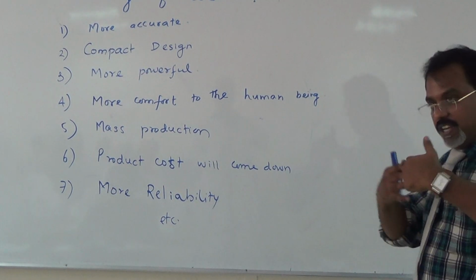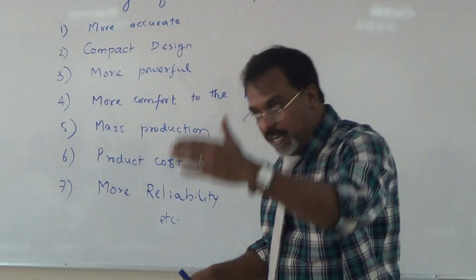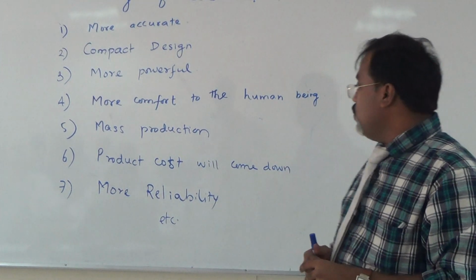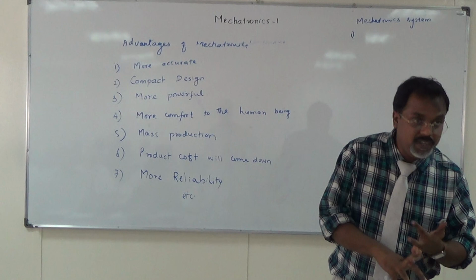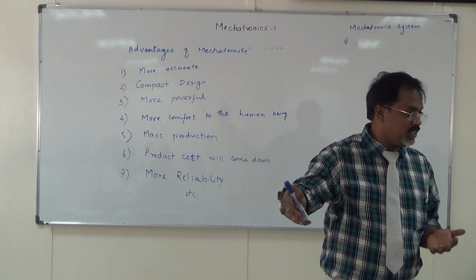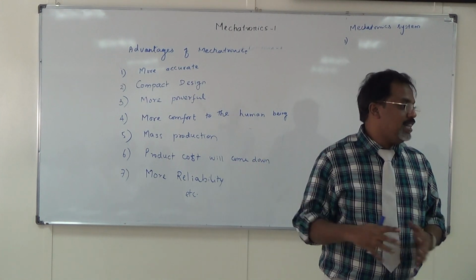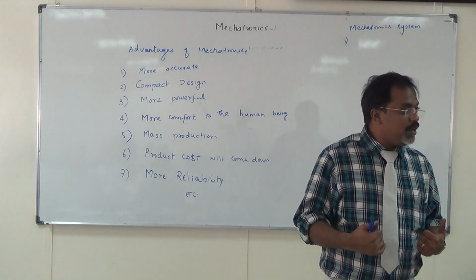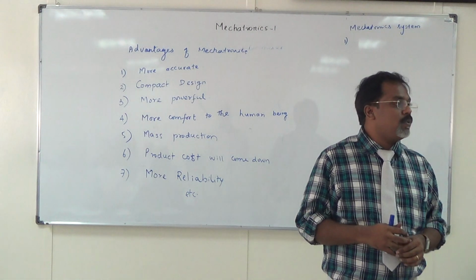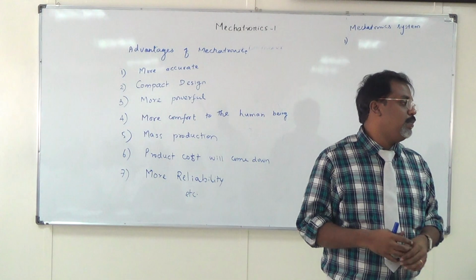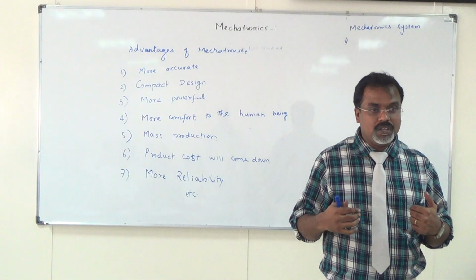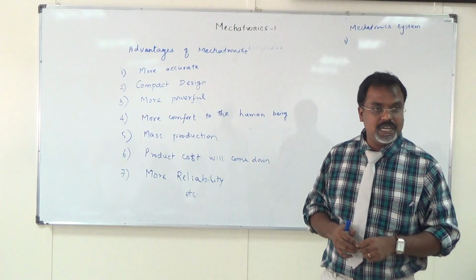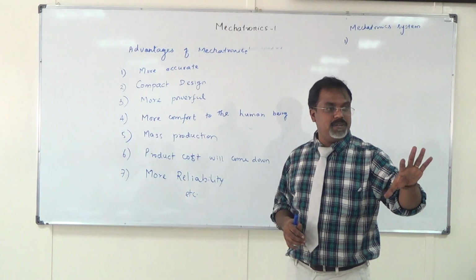Then definitely when you do mass production, the cost of the product will come down, then the reliability of the product or process. When you implement the mechatronic system in a process, then definitely the reliability will be more. Using the mechatronic system, if you produce some product, then the product reliability will be more. So these are some of the advantages of the mechatronic system. Understand? So understand mechatronics, what is meant by mechatronics?